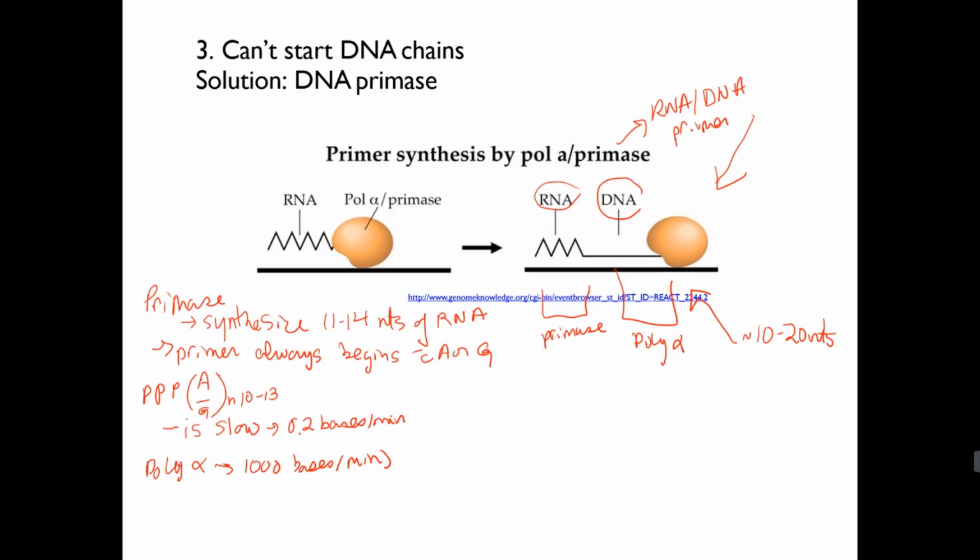And to give you a sense of how often this has to occur to replicate a human genome, that's approximately 30 million priming events in the human genome. Because every replication origin, you have to prime 2 leading strands, but then you have to prime every single Okazaki fragment. So the role of the Pol alpha primase is extremely important.